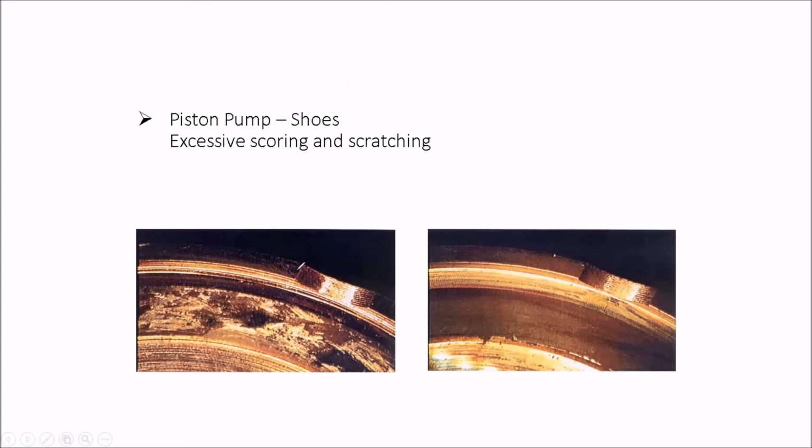When you first start your system and it starts to move, the other side of the system will move without oil, so you have scoring or scratching happening. This is a very critical problem, but it happens very seldom. Most of the time we have a wear problem.